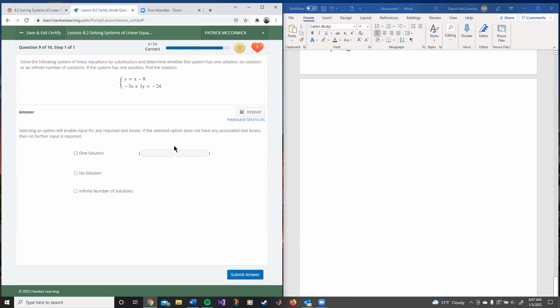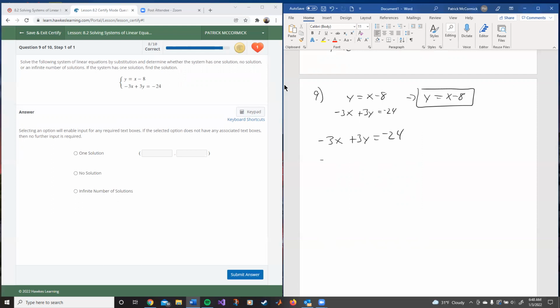All right. Problem 9. Working right through these. Solve by substitution. So y equals x minus 8. Nice. It's already set up for us. So there's my substitution. I'm going to plug that into the second equation. Minus 3x plus 3y equals minus 24. So there's my y. You just have to be careful.